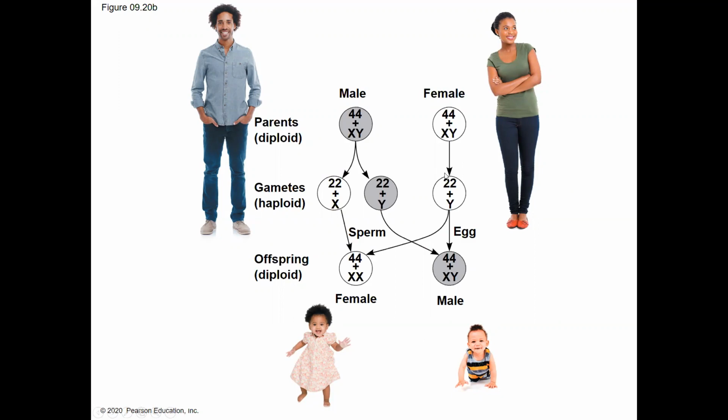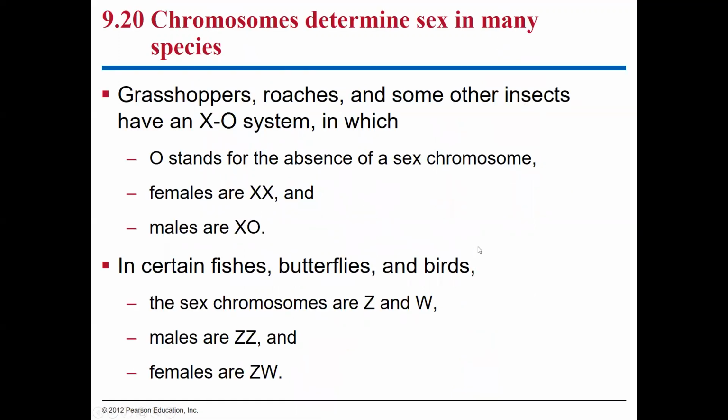So the female will inherit an X from the father and an X from the mother, and a male will inherit the X from the mother and a Y from the father.